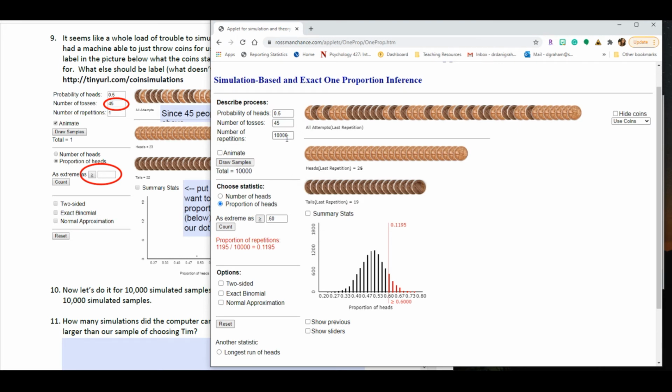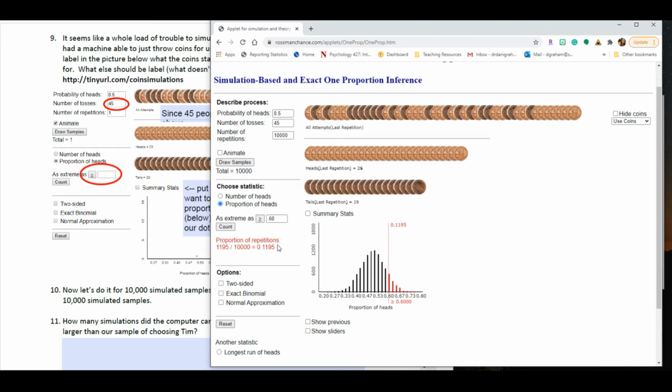So we did 10,000 simulated samples because, again, this isn't people really voting. This is what it might look like if people were flipping a coin to choose to vote, if they were choosing randomly. And we can see in this case, out of those 10,000 repetitions, 1,195 were like our sample or more extreme.